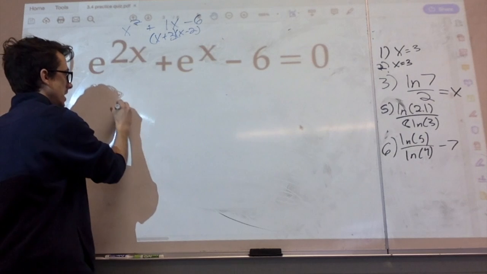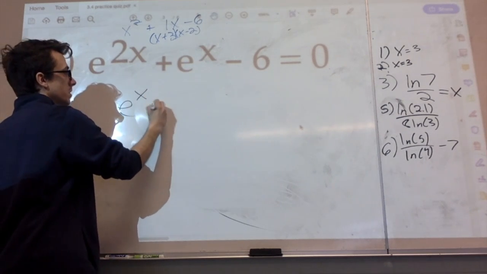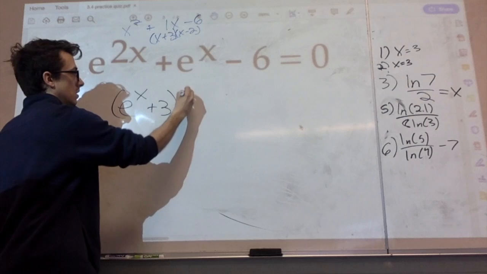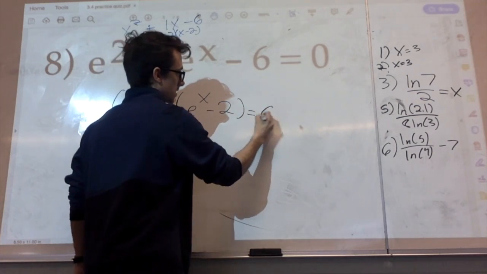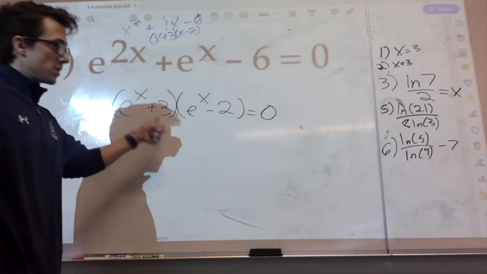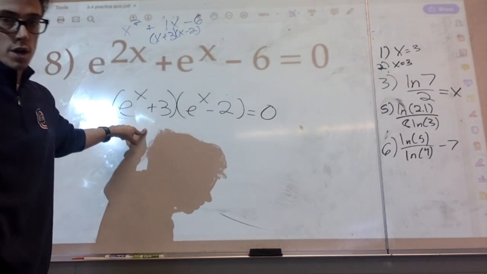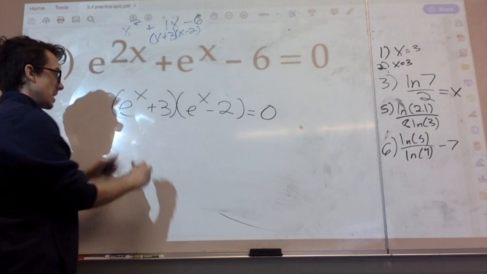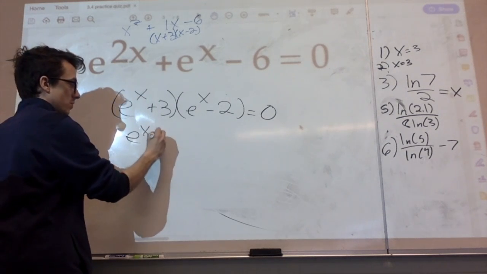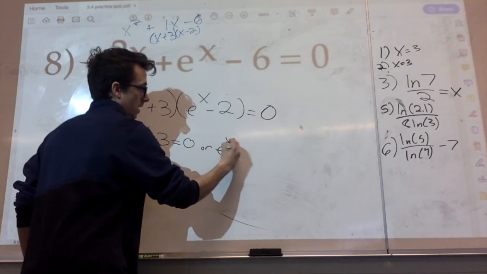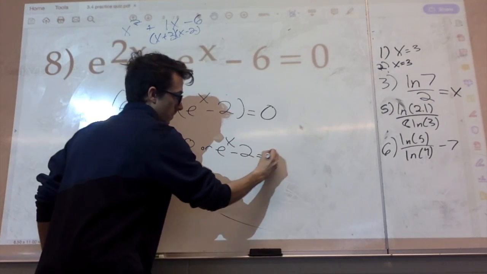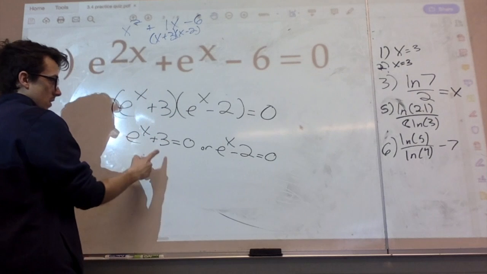So we can now say e to the x plus 3 multiplying with e to the x minus 2 equals 0. Based off of the zero product property, this is implying that e to the x plus 3 could be equal to 0, or e to the x minus 2 could be equal to 0.